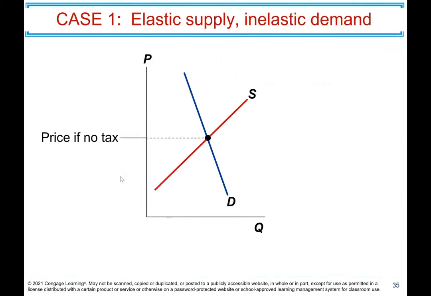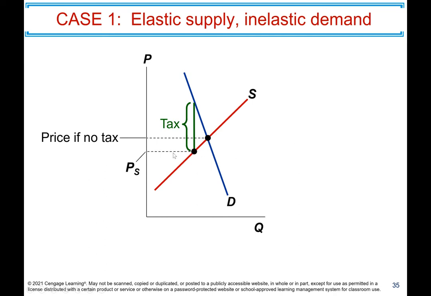So let's look at the case of elastic supply with inelastic demand. You can see here, demand is fairly steep. That means demand is inelastic. And supply is relatively elastic, so a little bit flatter. There is the price with no tax, and now we impose the tax, which is that vertical distance joining demand and supply.